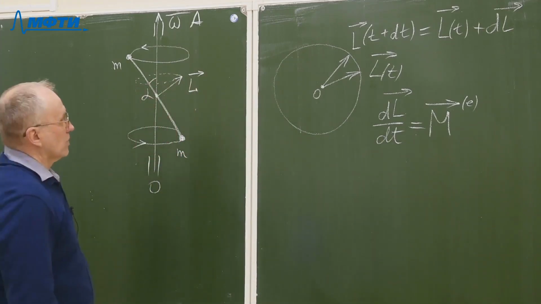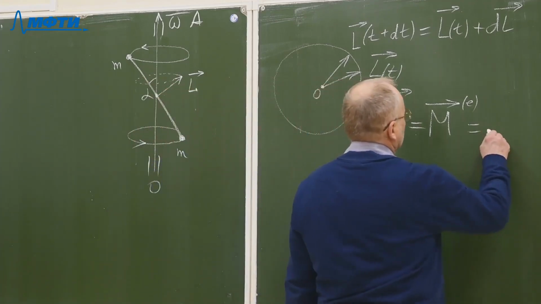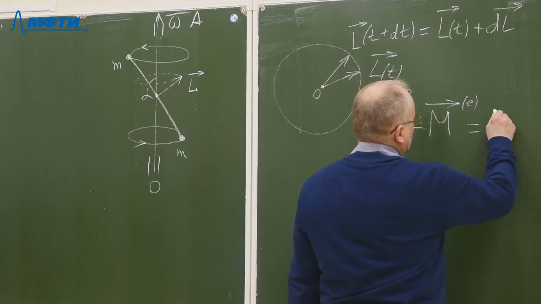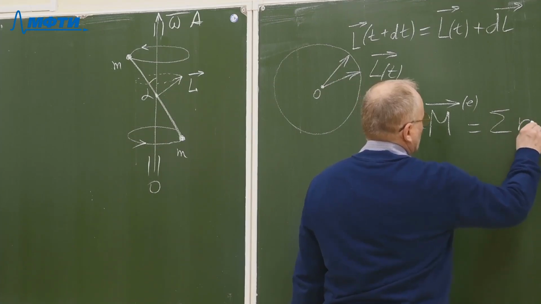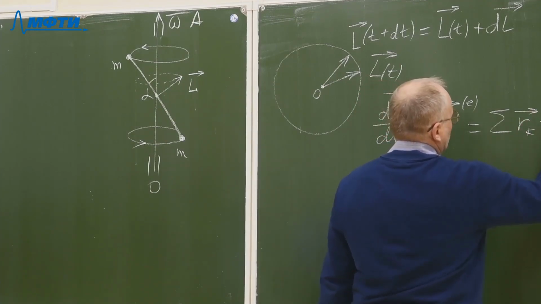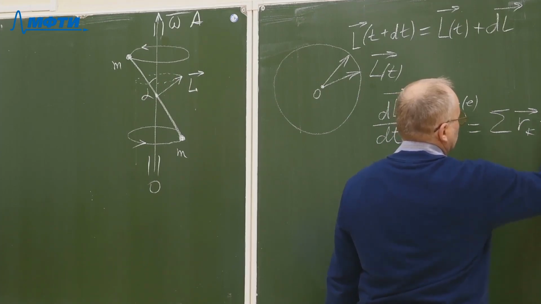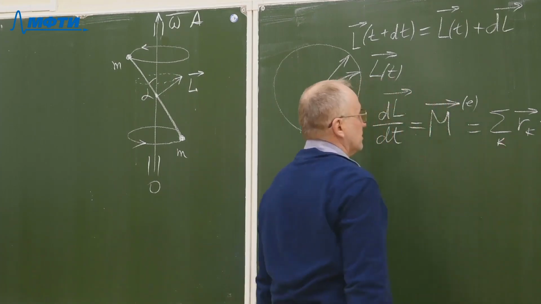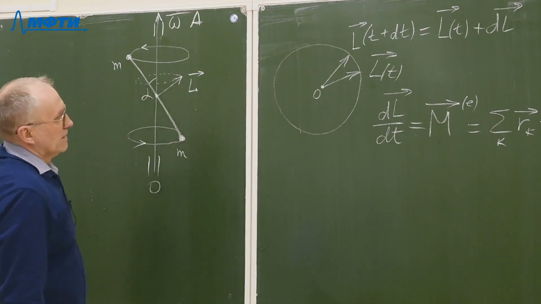What should be this torque? By definition, it should be the sum of torques of forces applied at different points of this body.